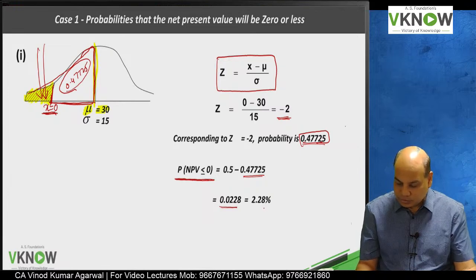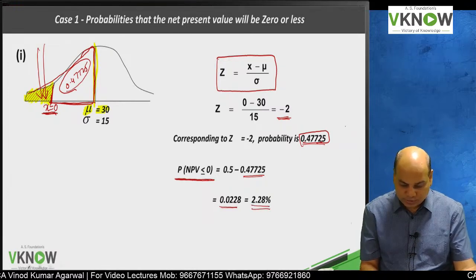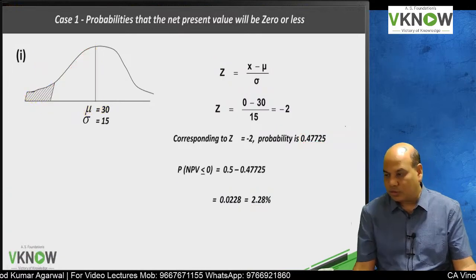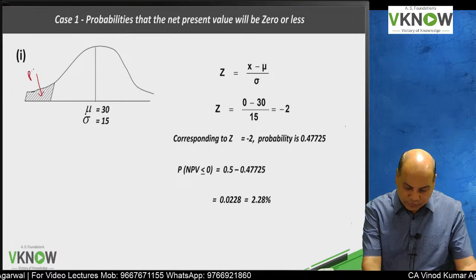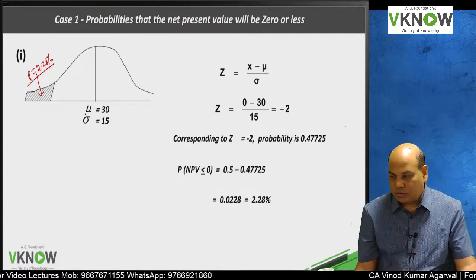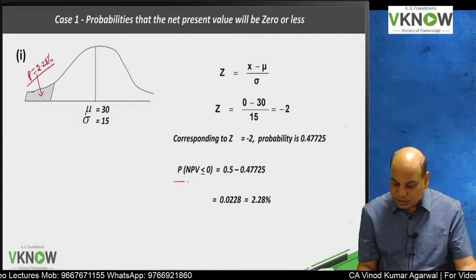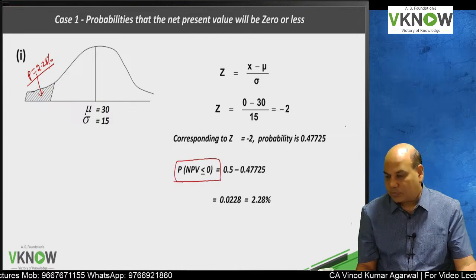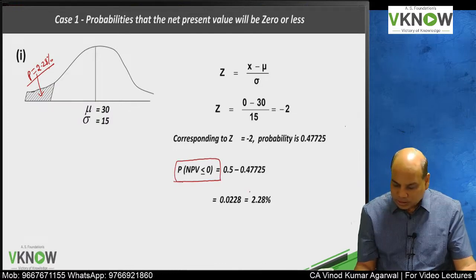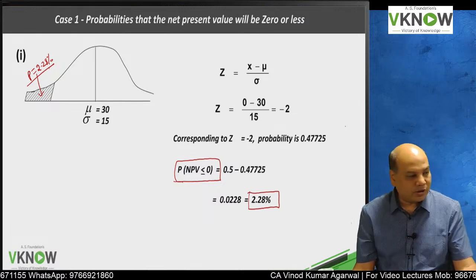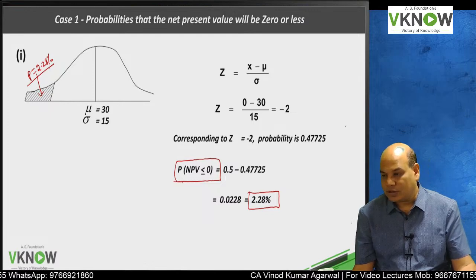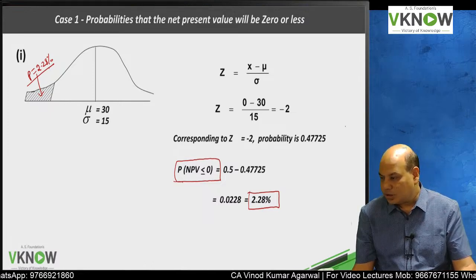So approximately 2.28%, which means you will get a negative NPV, 0 or less than 0, with 2.28% probability. Knowing this, you can take a more informed decision. Is it right?